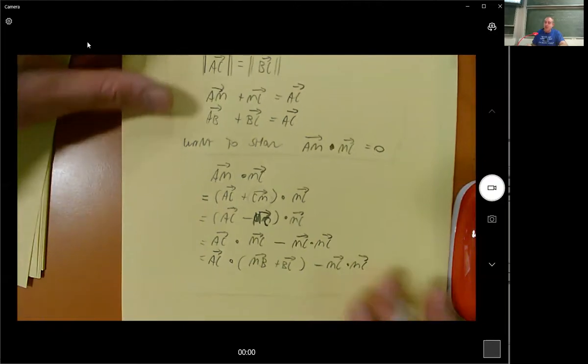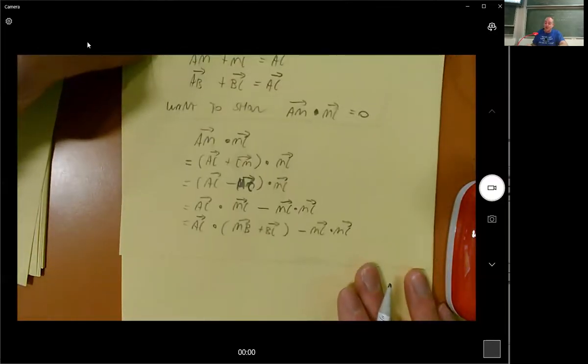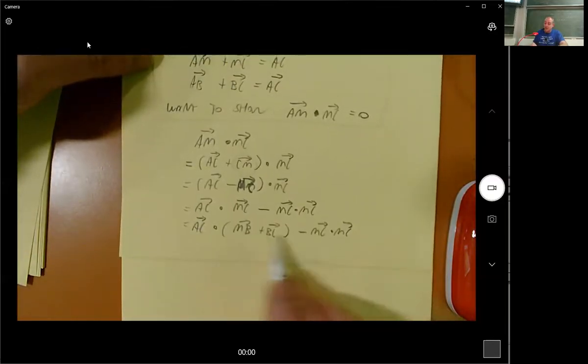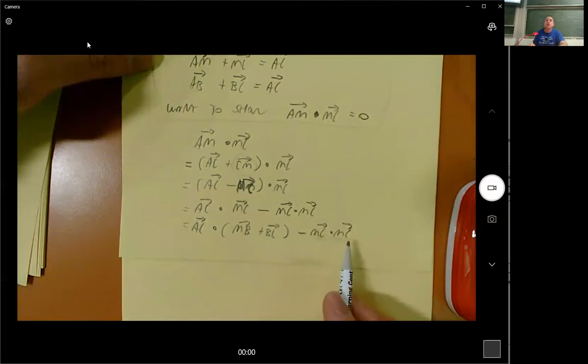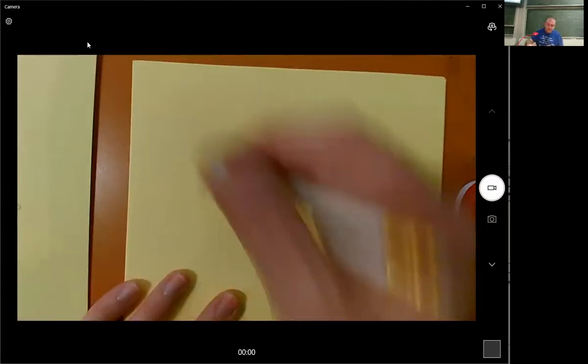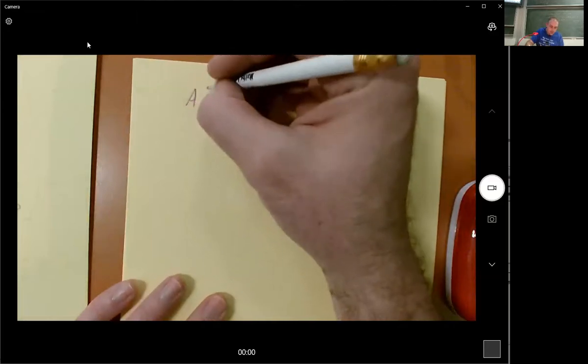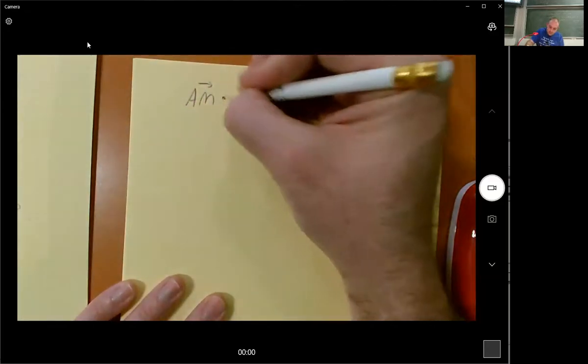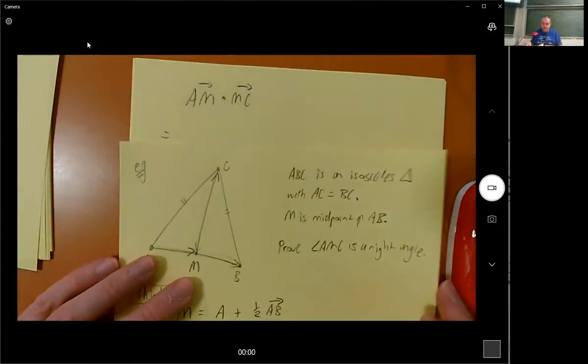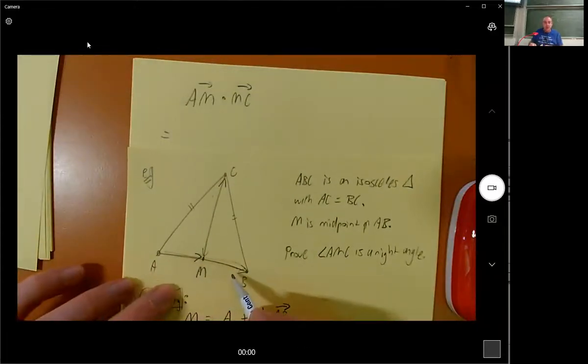Oh, I think I might see where I'm going and why I need to start again. Because if I'm going to remove that MC, I should be removing this one as well. All right. Just a second. Okay, so AM is half of AB.